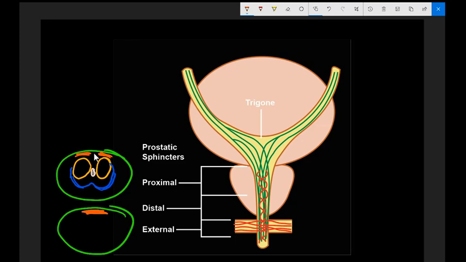So you can't really distinguish so easily a separation between right and left. Now, the TZ, which we've got in orange, is going to kind of take over here at this level. We don't have a CZ because the CZ is only up in the upper part of the gland, the central zone, part of the central gland, and then everything else is peripheral zone. So we're going to have PZA, PZP, and PZM on the right and left.